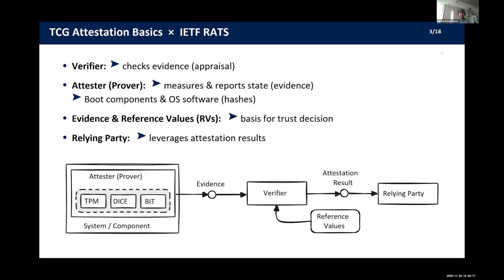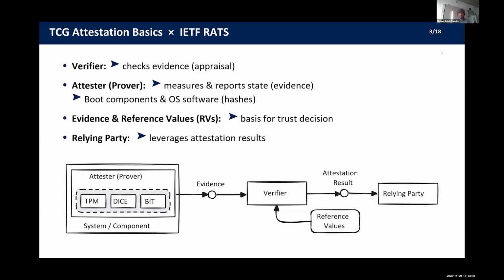And there may be different hardware security modules or hardware trust anchors here, like the TPM, the Trusted Platform Module, DICE, the Device Identifier Composition Engine, and BIT. This may be new to some of you. It's called Block Integrated Trust, and it was called MARS before, Measurement and Attestation Roots. So these are all three attestation technologies from the TCG.